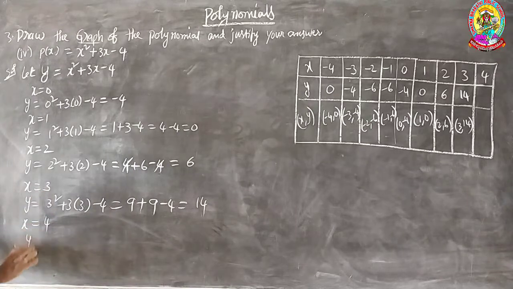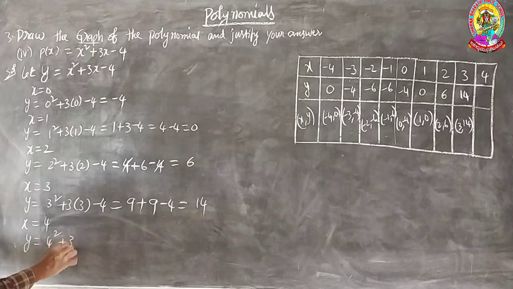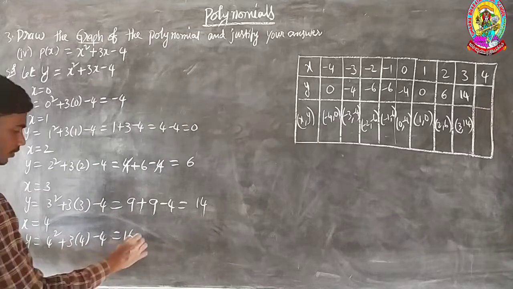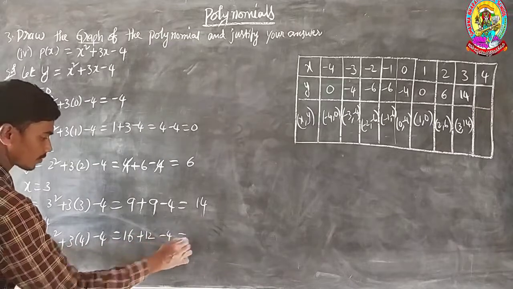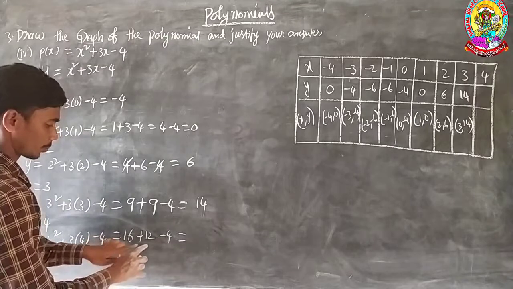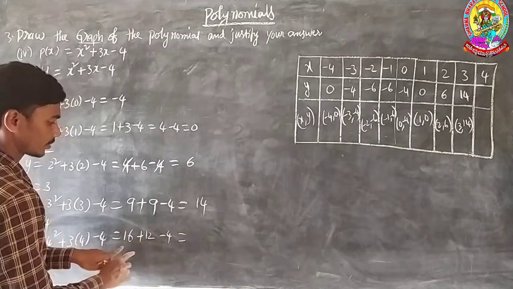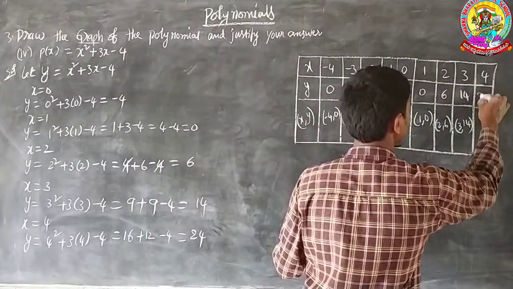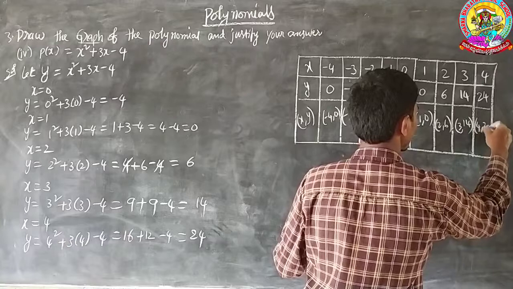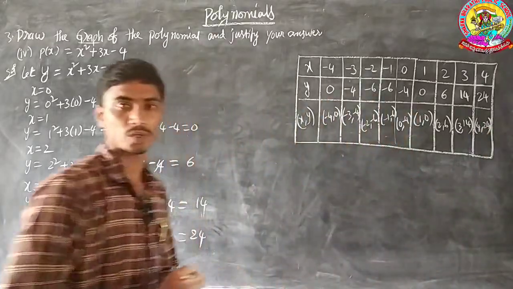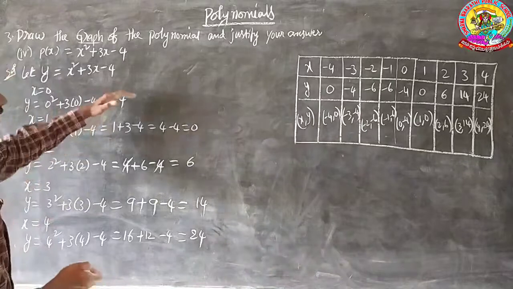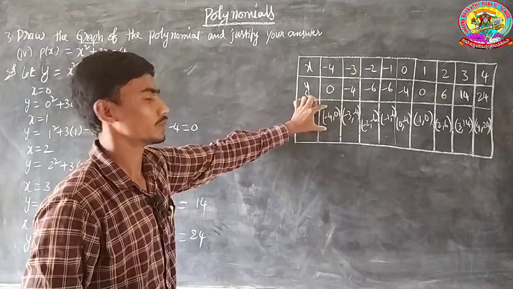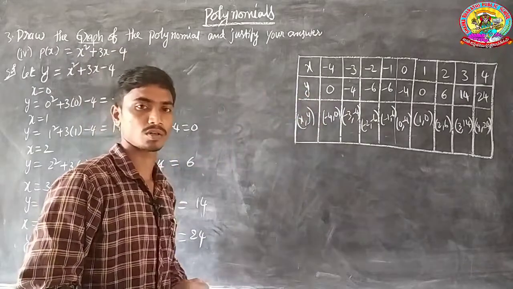At x equal to 4, y is equal to 4 square plus 3 into 4 minus 4, that is equal to 4 square 16, 3 4s are 12, minus 4 is equal to 16 plus 12, 28 minus 4, 24. At x equal to 4, y equal to 24. So the point is 4 comma 24. So in this way we can easily find the points which you have to plot on the graph sheet. So now comes to the graph sheet.